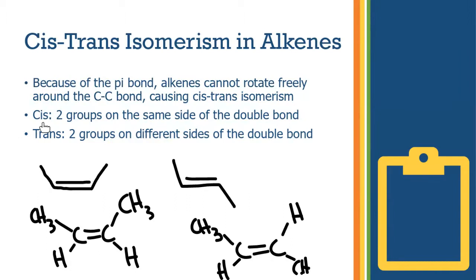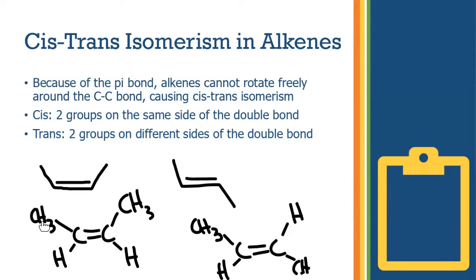So cis, if you remember, means the two same groups are on the same side of the double bond. And trans just means they're on different sides. As you see it on here, this is the same example we used in class a bunch of times. It's 2-butene. So we can either have cis or trans.